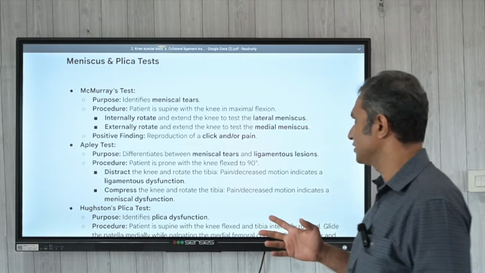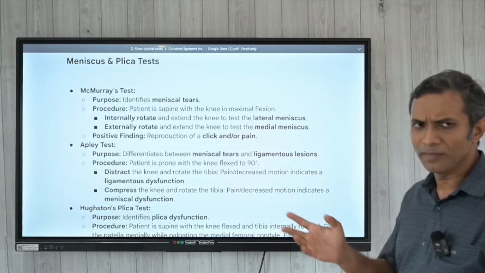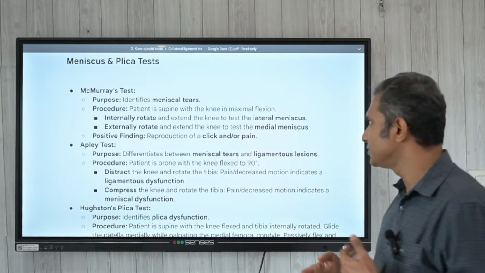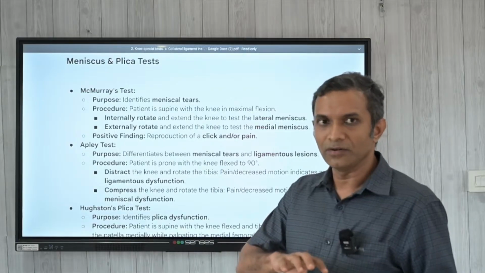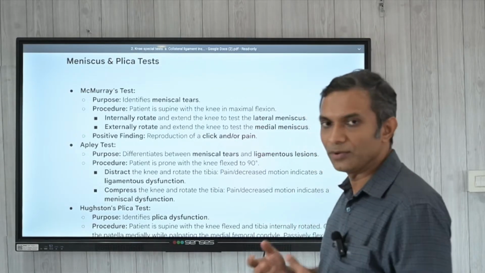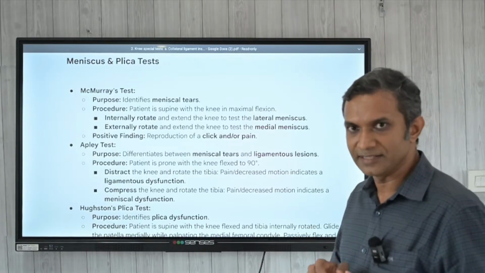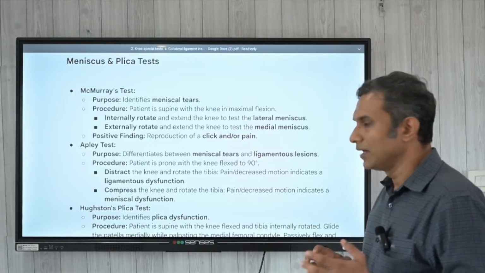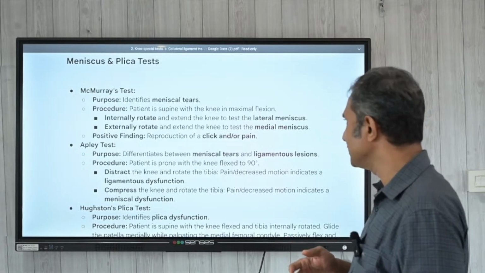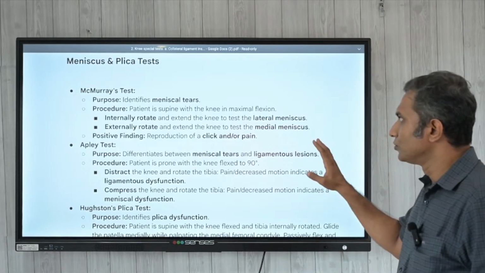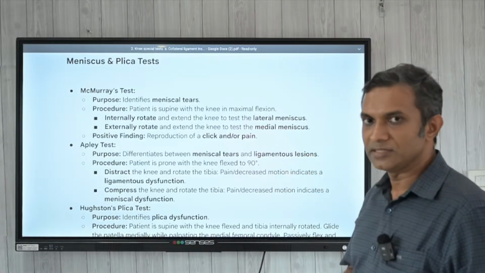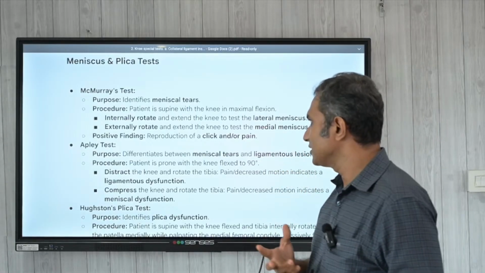For the menisci, internal rotation and external rotation are both equally important to check the different menisci. Internal rotation with extension checks the lateral meniscus, while external rotation with extension checks the medial meniscus.